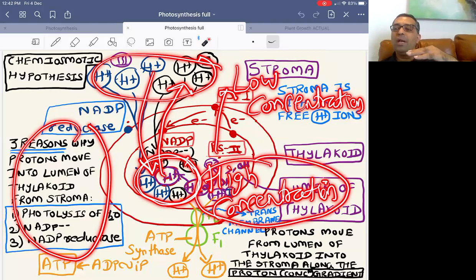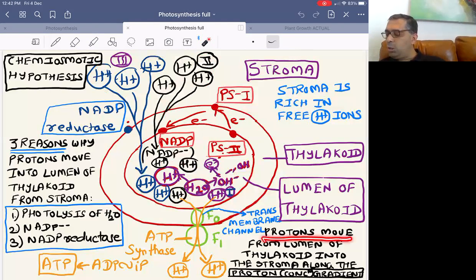So protons will return from high concentration back to low concentration along the concentration gradient, which is also called the proton gradient, as protons move from the lumen of the thylakoid into the stroma. So what is that gradient called? Proton gradient, which is along the concentration gradient.